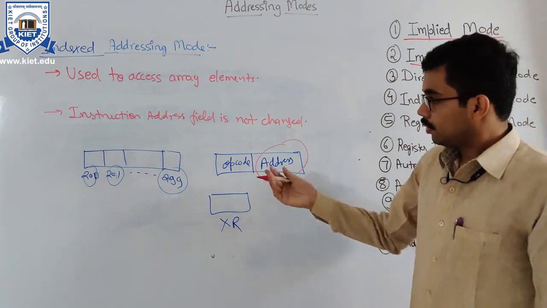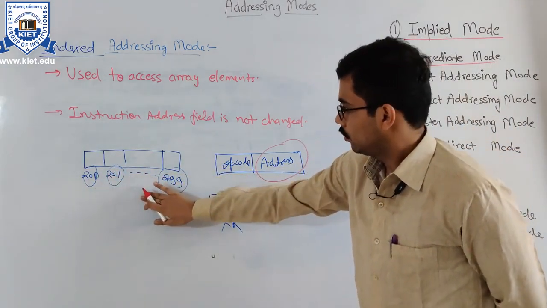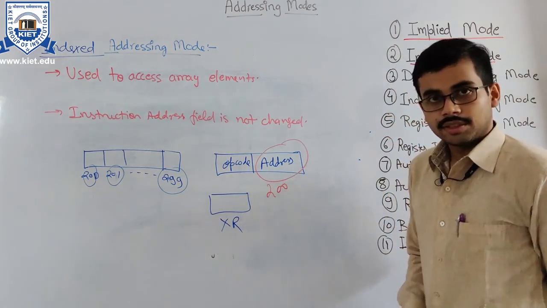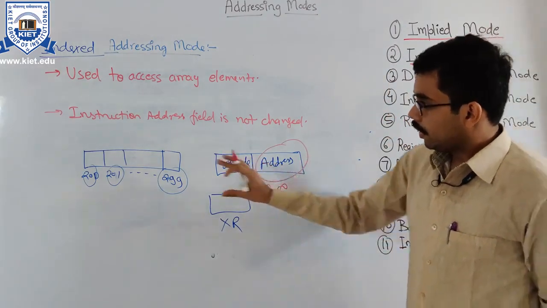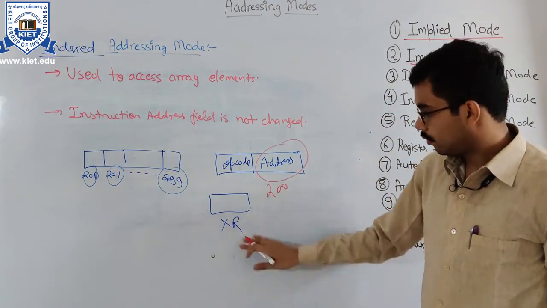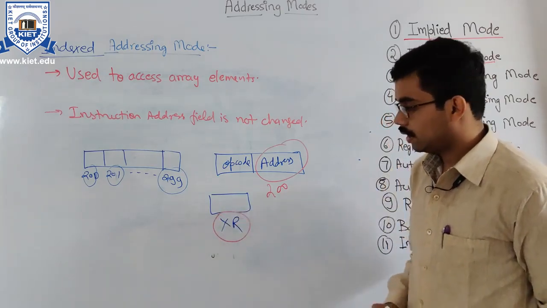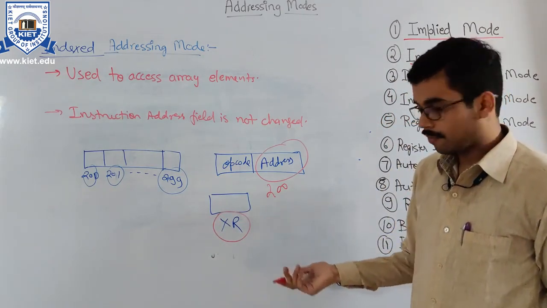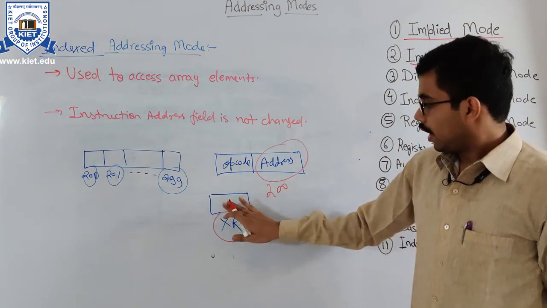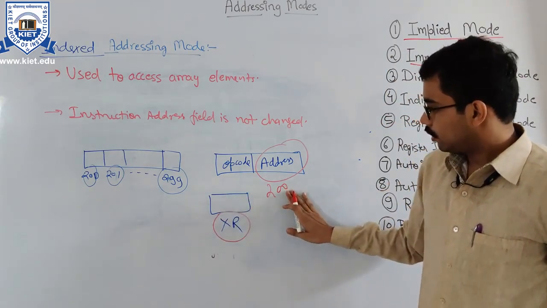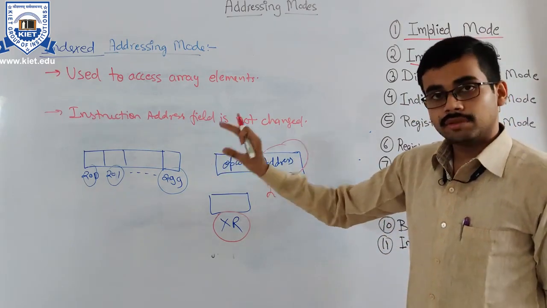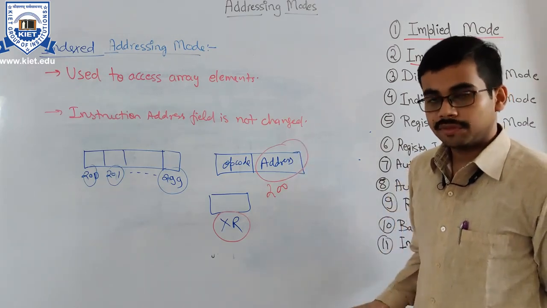Suppose we take 200 as the address. For accessing elements we use a displacement through the index register, which we generally represent as XR. We just update the value of XR and add it to this address to get the effective address, then go to that effective address and fetch the operand from it.